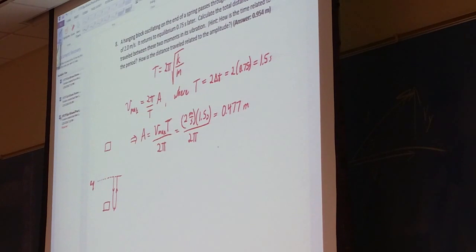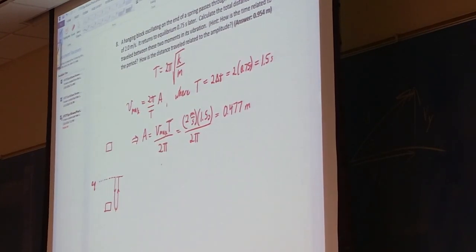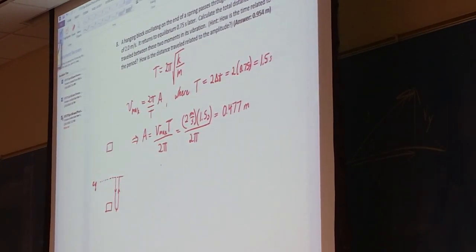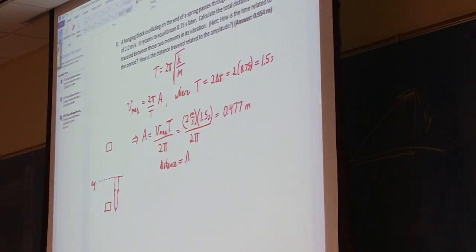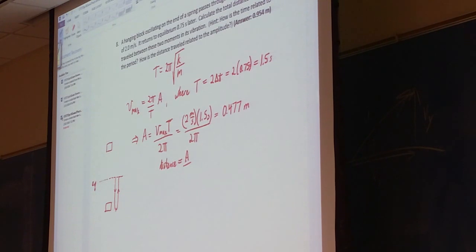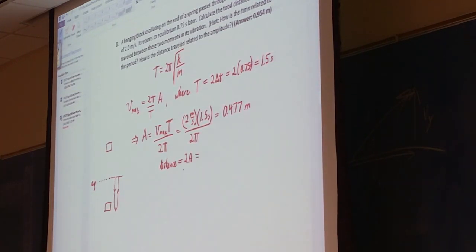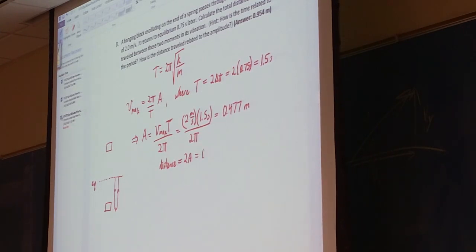So we know that the distance, let's just go ahead and write it out, is equal to twice the amplitude, 2 times A. That should give us our 0.954. And certainly looks like it does.